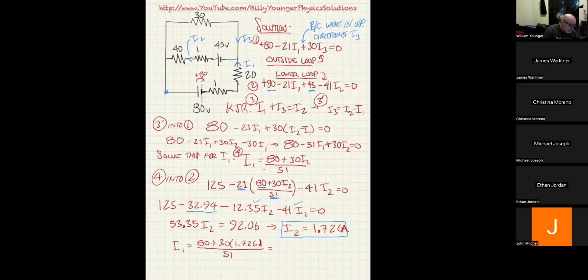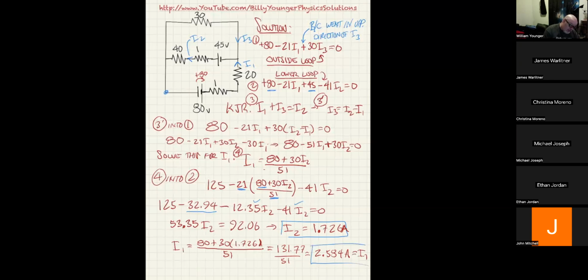That gave me 131.77 over 51, and this gives me 2.584. I do remember this also being the right answer. So that's I1, and I'll box it off in my blue box, as I always do.